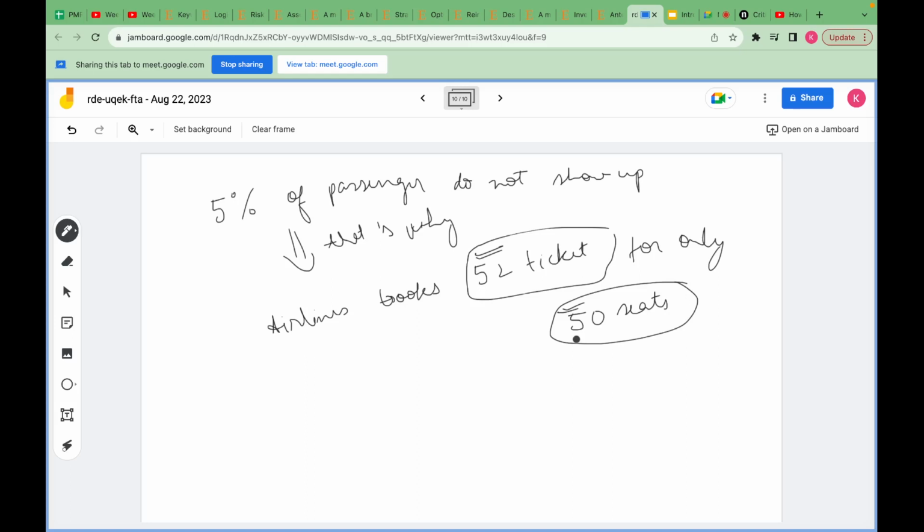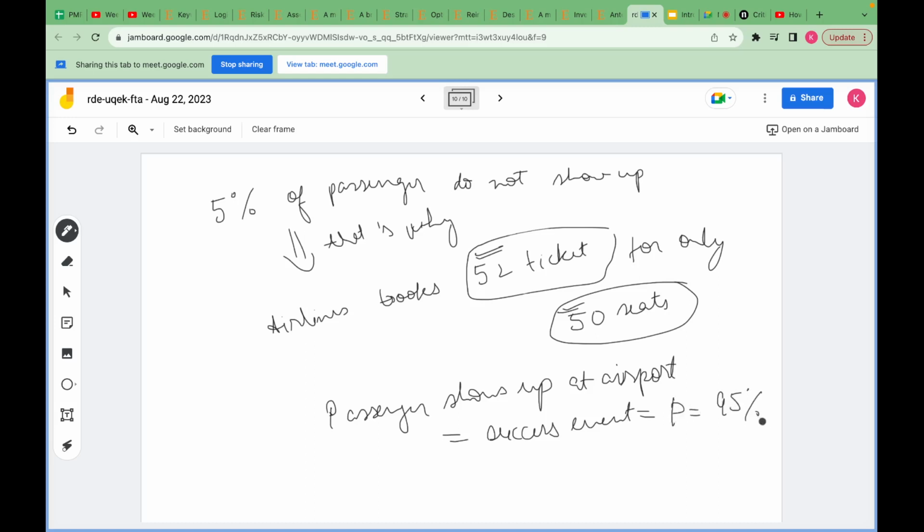The arrival of each passenger is independent of each other. So we can say that if a passenger shows up at the airport, this can be treated as a success event whose probability is given by p, which is a 95% chance.